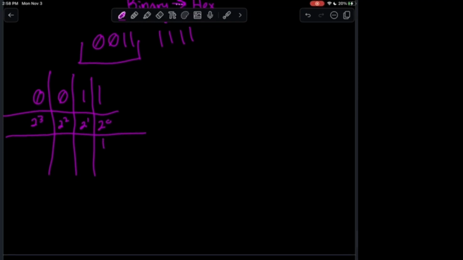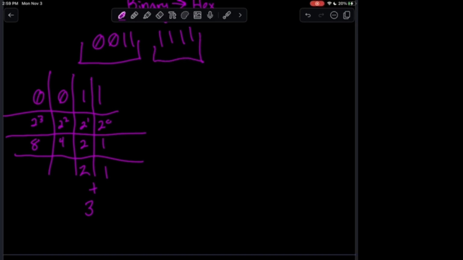That is just 1, 2, 4, 8. But you can see these are going to be zeros, so I'm not really going to do the math for that. All I'm going to do is care for this. So 1 times 1 is 1. 1 times 2 is 2. Add that together, you get 3.